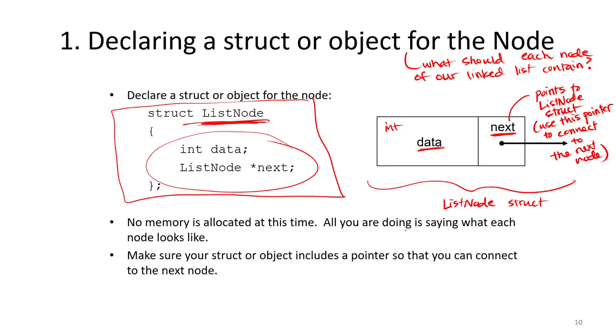In this case, I want to build a linked list of listNode structs, and each listNode struct will contain some int variable named data, and then a pointer called next. Remember, you definitely need to have that pointer in there because that is the thing that will allow us to connect to another node and create our linked list.